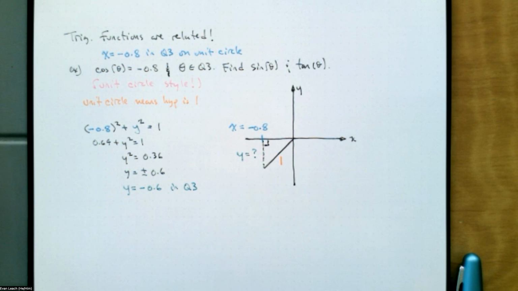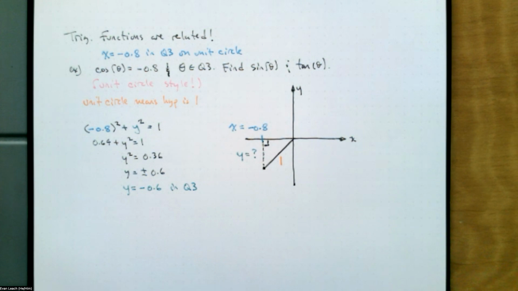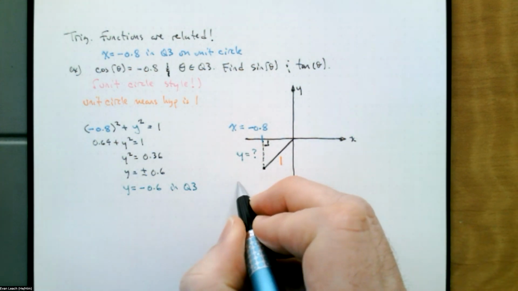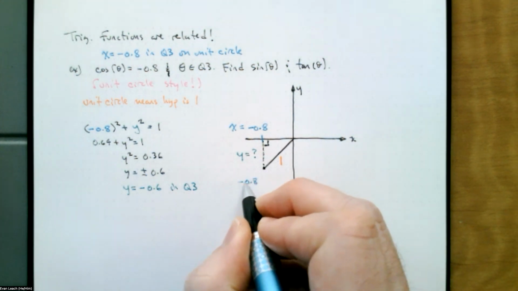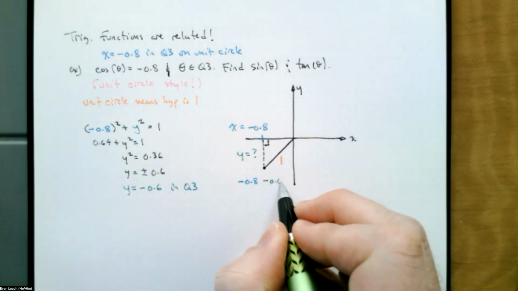So what we're doing is finding the coordinates of the point on the unit circle where we have an x coordinate of negative 0.8 in the third quadrant. The cosine, the x coordinate, is negative 0.8, and the y coordinate is negative 0.6.